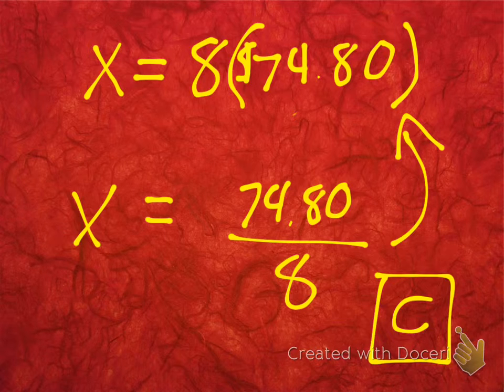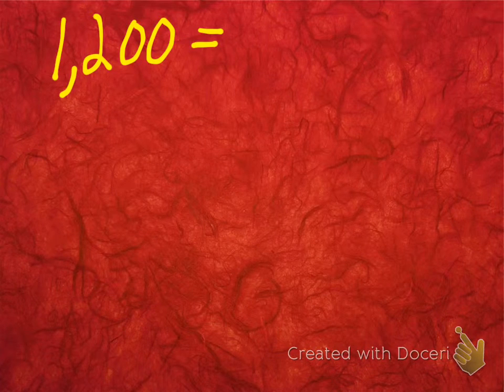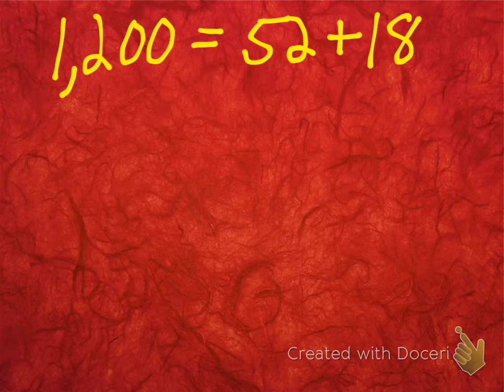Alright, last question. Which of the problem situations could best be modeled by the equation below? 1,200 is equal to 52 plus 18x. Alright. F tells us Debbie sold 52 boxes of fruit for $18 each.